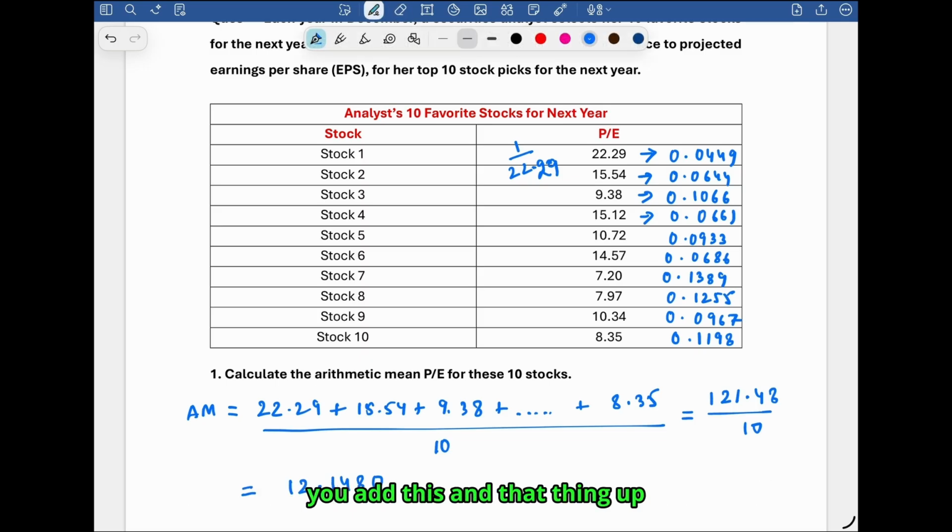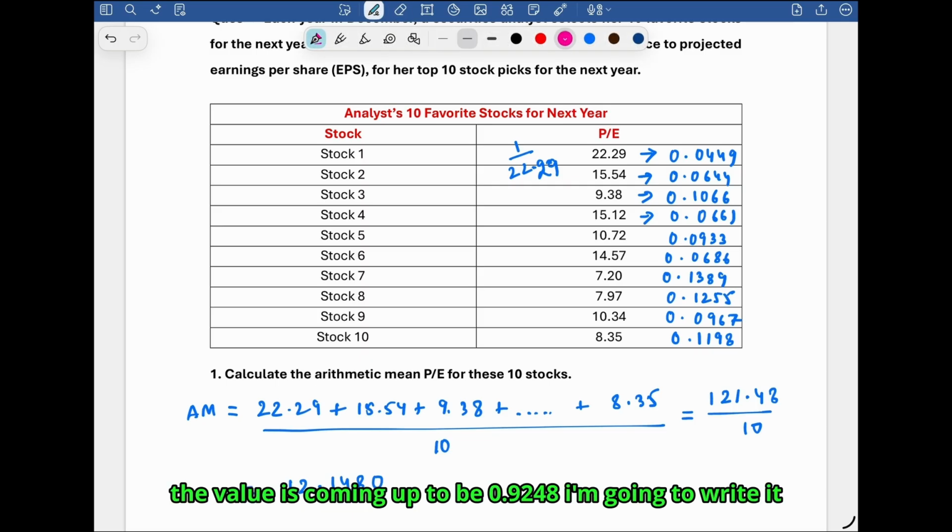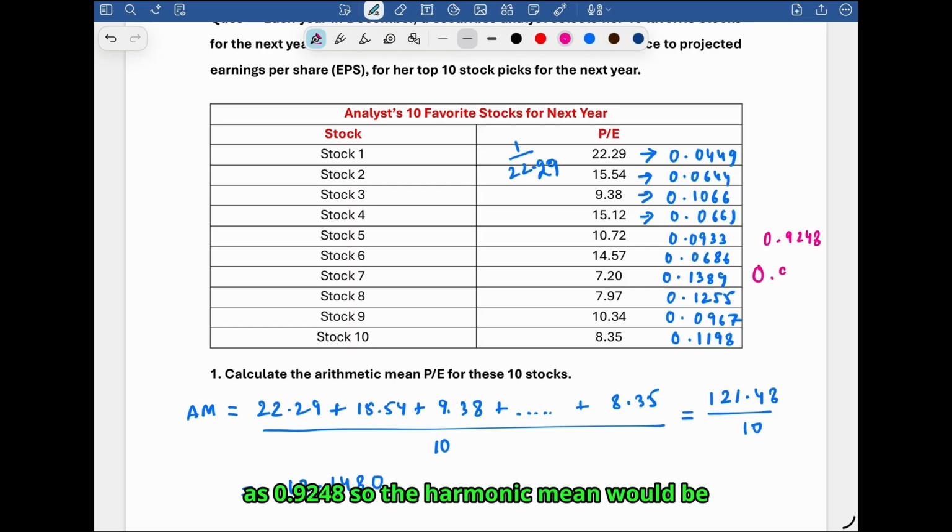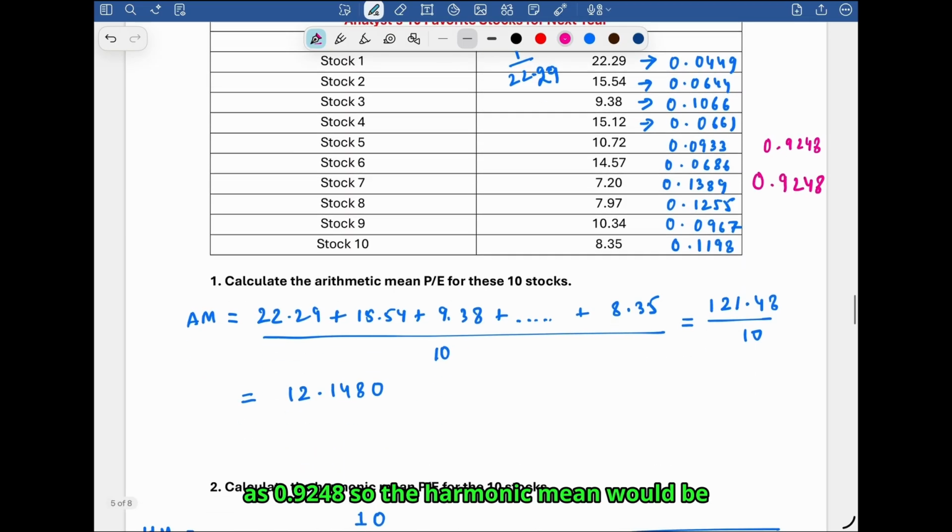So if you add this entire thing up, the value is coming up to be 0.9248. I'm going to write it in 0.9248.